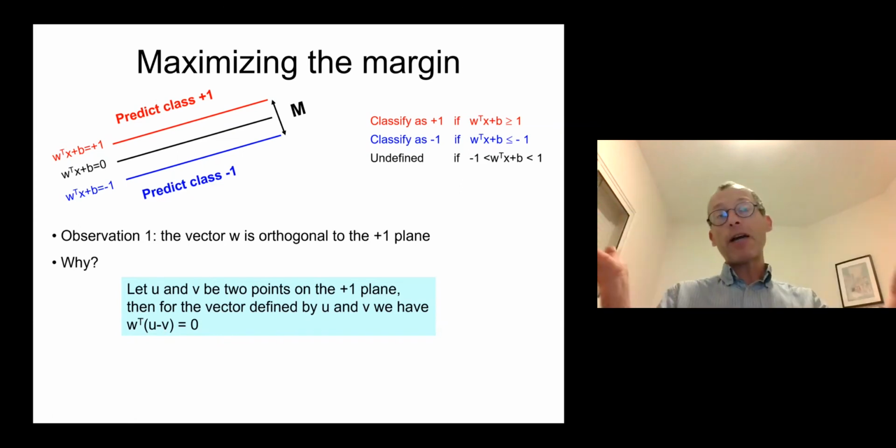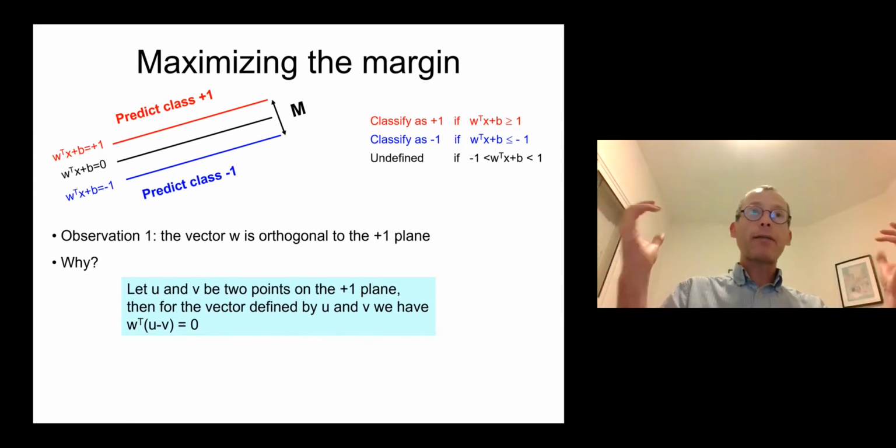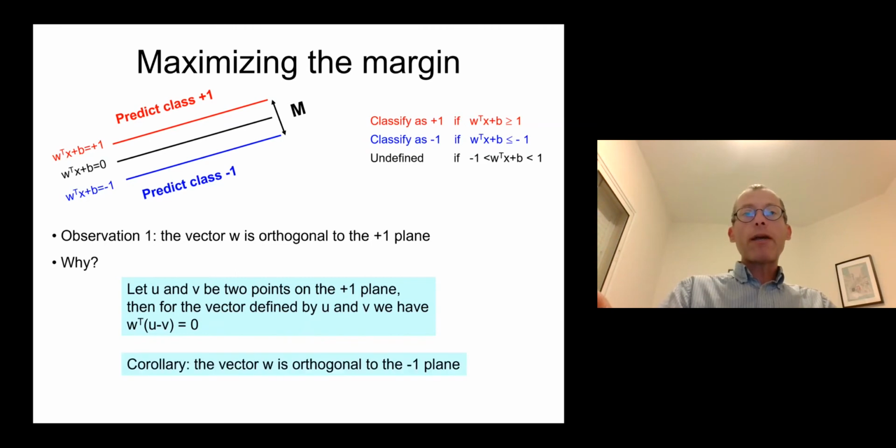Any vector is defined by 2 points, and we can do it for any vector and show that it's orthogonal. This is just an observation, but of course, if this is true for the +1 plane, it's also true for the -1 plane. So whatever we said about points on +1, it's also true for points in class 1. Okay, so this is straight derivation.